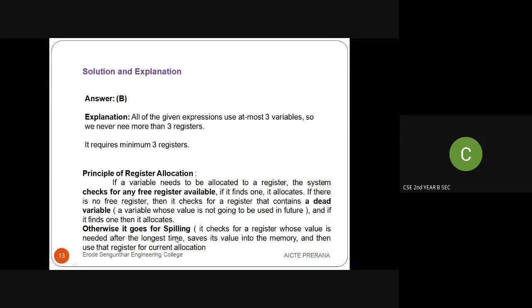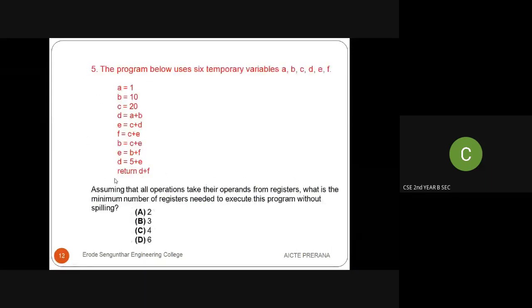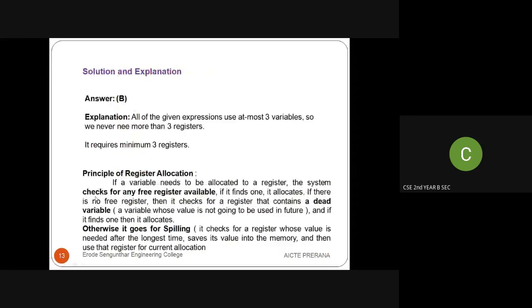So that is how they have asked for the minimum number of registers needed to execute a program without spilling. Without spilling means we have a dead variable and also free registers available. These are all the questions we have discussed so far in this session.